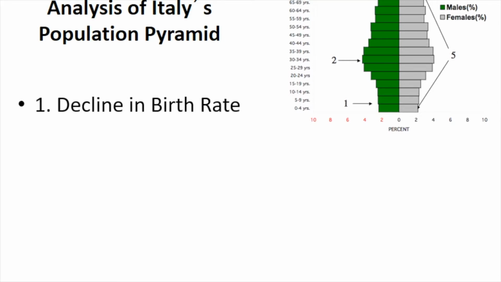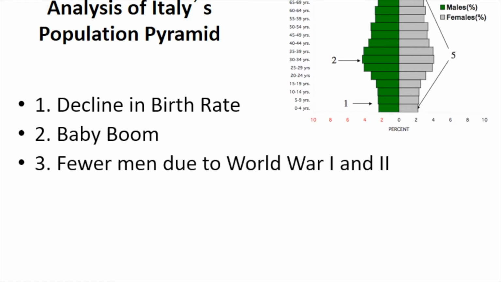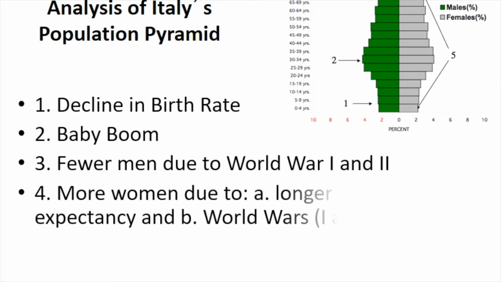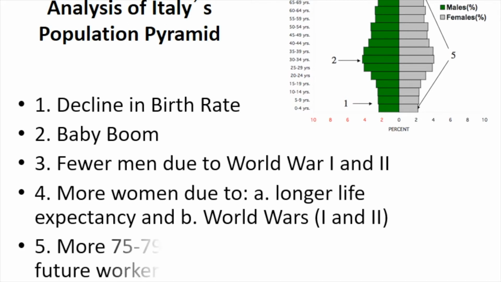First, they have declining birth rate. Second, they have the baby boom population. Third, they have fewer men due to World War I and World War II. And fourth, more women due to the longer life expectancy and World War I and World War II.